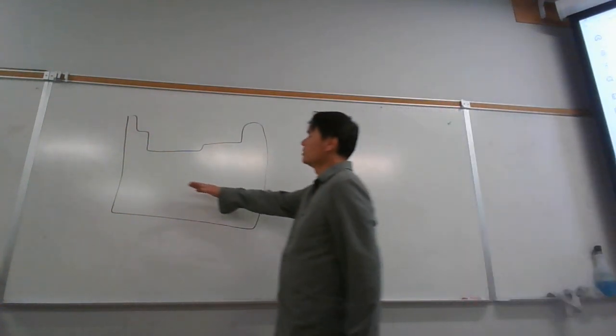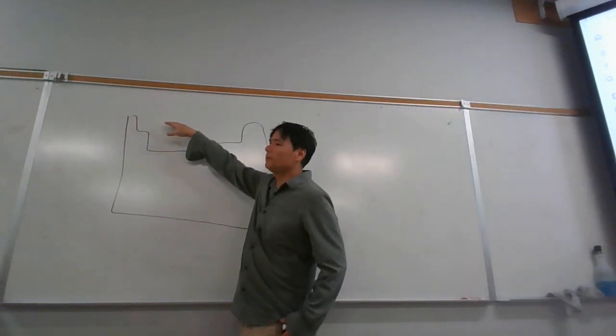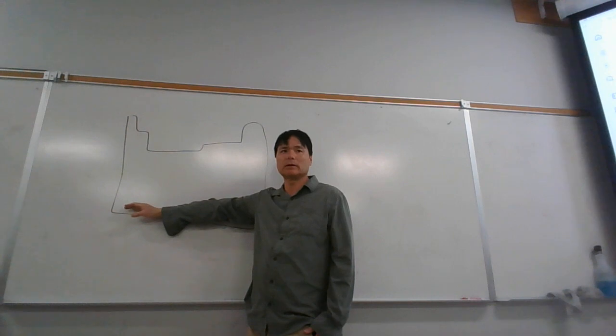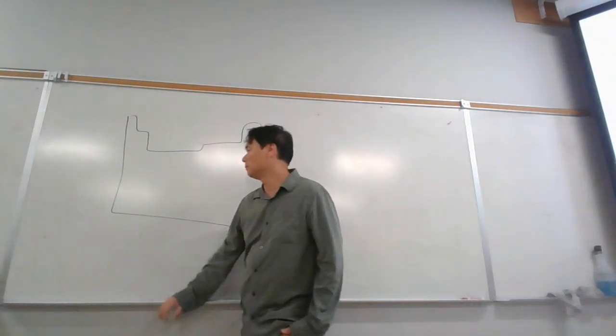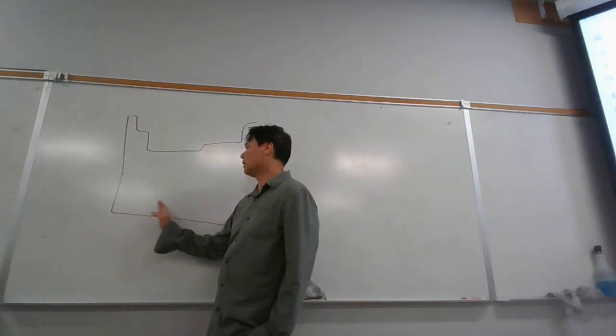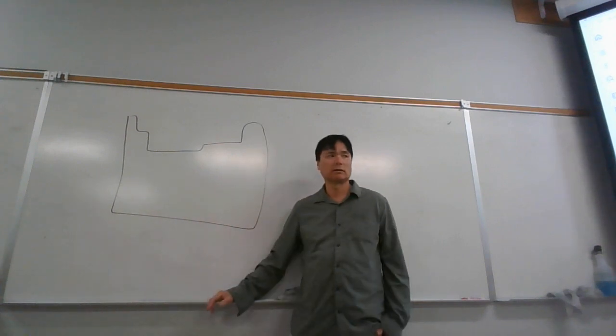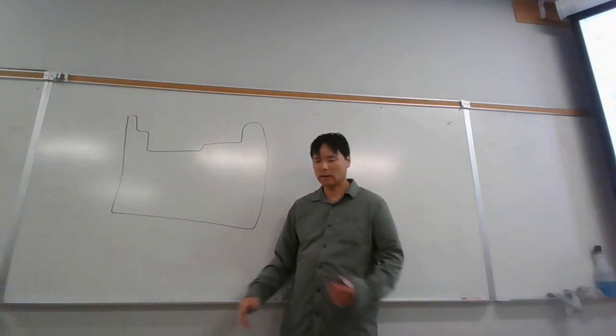Are the biggest atoms located near the top or near the bottom of the periodic table? At the bottom. Okay, are they going to be at the bottom left or the bottom right? Yeah, the bottom left.